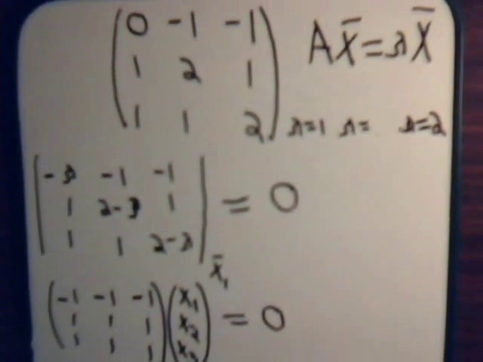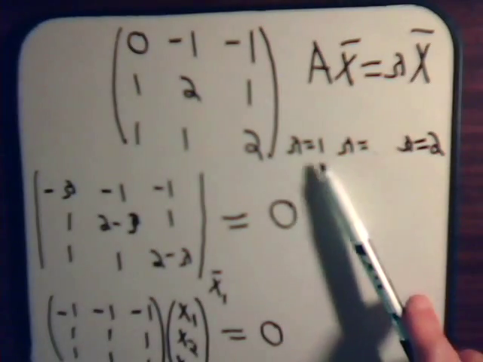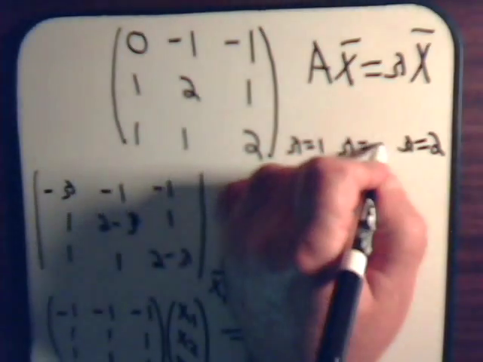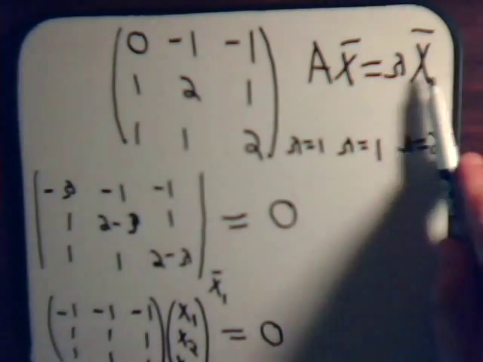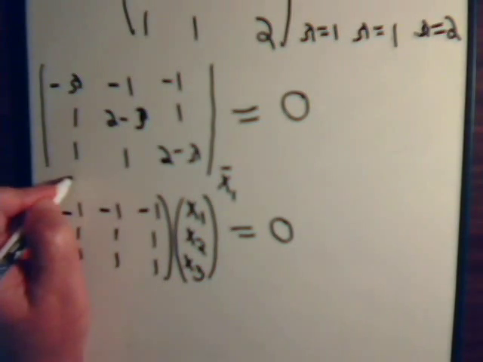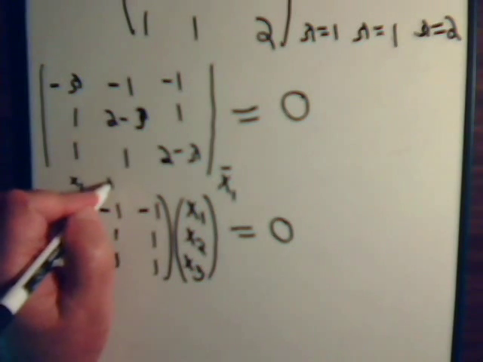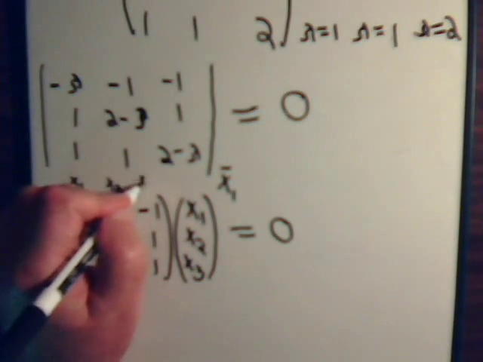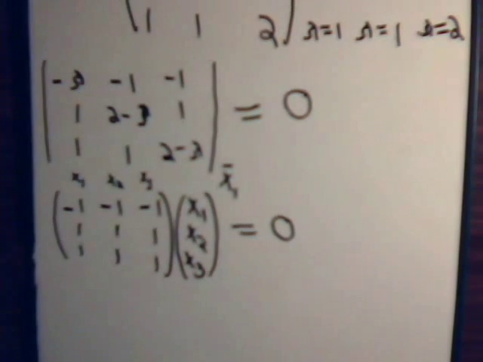This particular eigenvector associated with lambda equals 1 is in the null space of this matrix. And of course this is column x1, column x2, column x3.